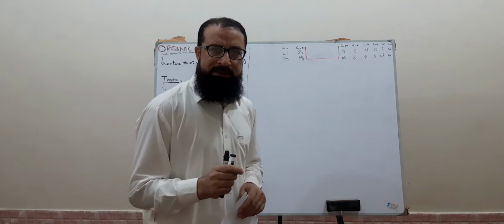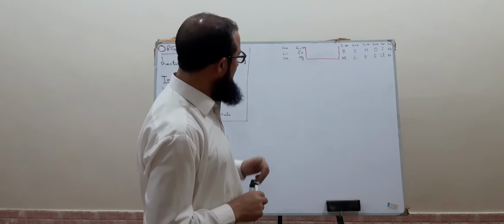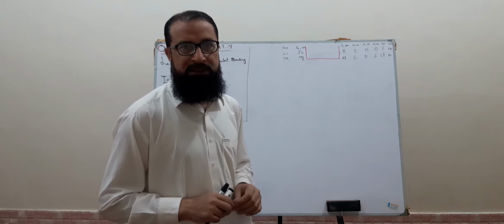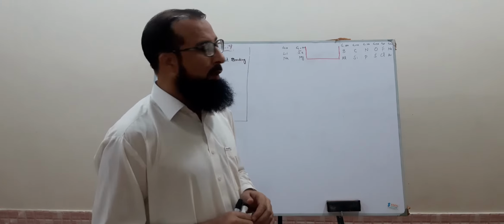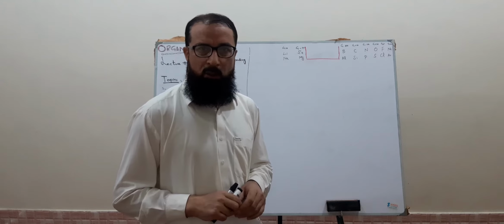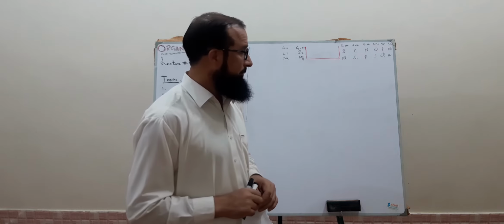In the periodic table there are two things: one is the groups and the other is the periods. The period is the horizontal arrangement of elements, while the groups are the vertical arrangement of elements.